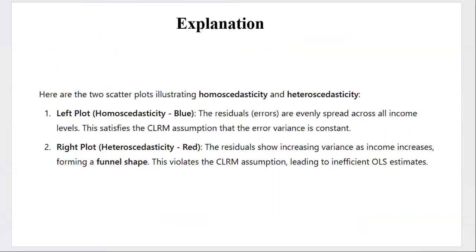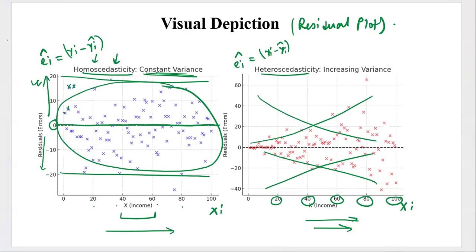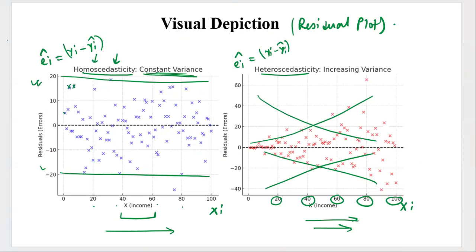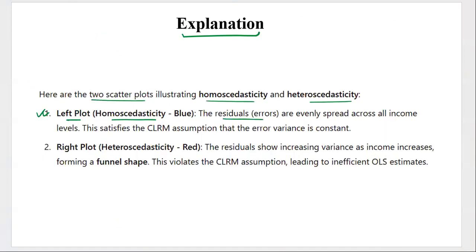And here you have the explanation of this diagram. Two scatter plots illustrating homoscedasticity and heteroscedasticity. In the left plot, you have homoscedasticity, with the residuals shown in blue. The residuals of the errors are evenly spread across all income levels. This satisfies the CLRM assumption that error variance is constant.